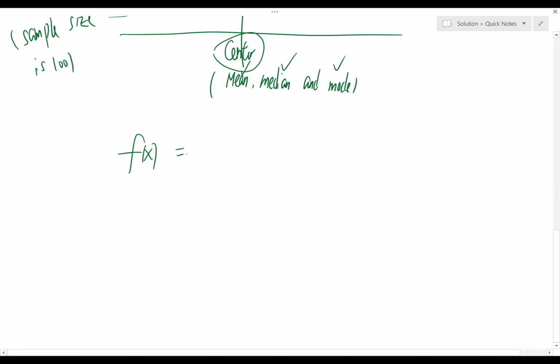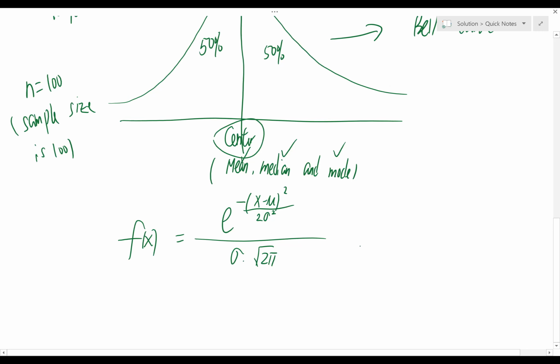It's very complicated. You don't have to memorize any of this. I just want to show you what it looks like. It's e to the power of negative (x minus mu) squared over 2 sigma squared, divided by sigma times the square root of 2 pi. This is the function we utilize to represent this bell curve. Here we know mu is the population mean.